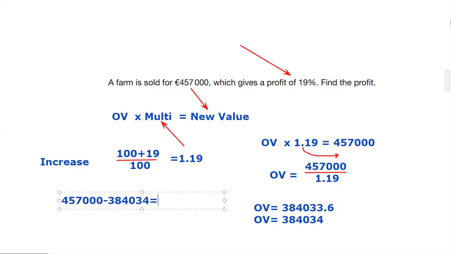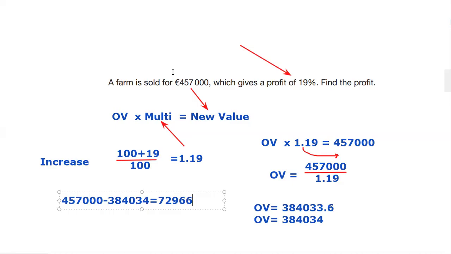And you find this by subtracting them from each other. So 457,000 minus 384,034 gives me 72,966 euros. And this is how you answer a question like this.